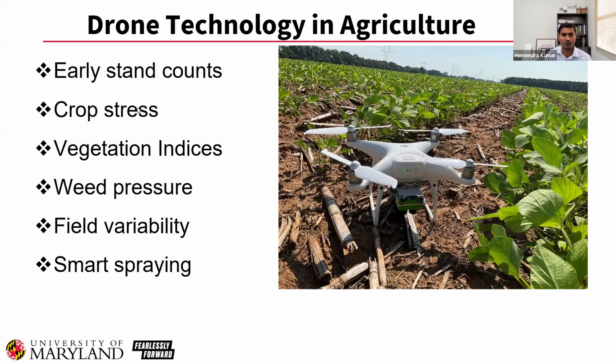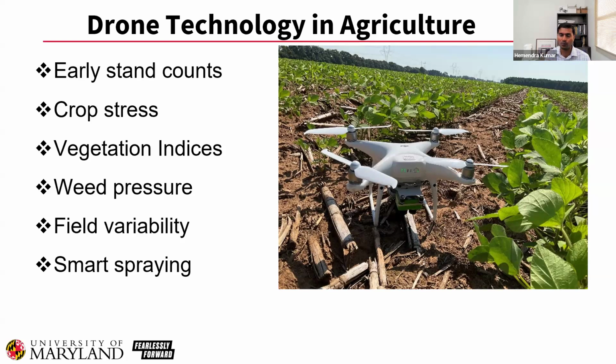The crop stress based on the vegetation, like what kind of stress my crop is facing, the nutrient or water, that weed pressure. We can analyze the data with the drone imagery. How does it look in terms of the weed pressure? The field variability. Remember that I was talking about collecting the data from the field, and that data we collected by going to the field.